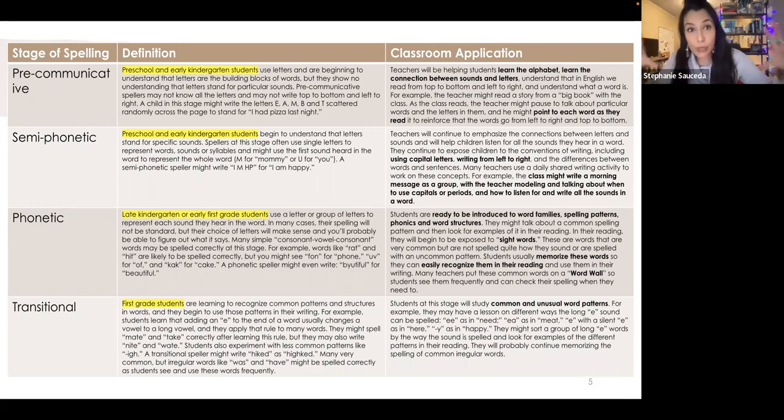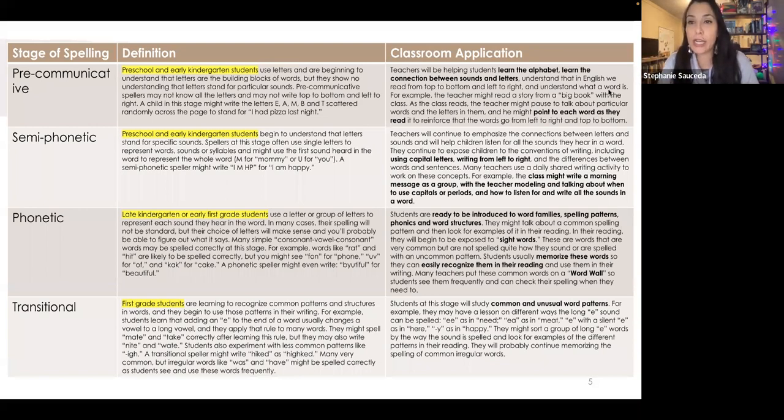That's what they do in this age group at this stage, to help students be prepared and to build forward to the semi-phonetic stage. In that semi-phonetic stage, it's not fully phonetic, but they're getting there, and the pre-communicative stage lays the foundation.